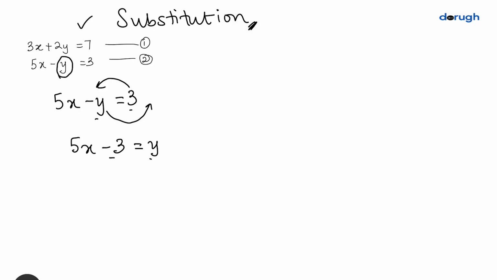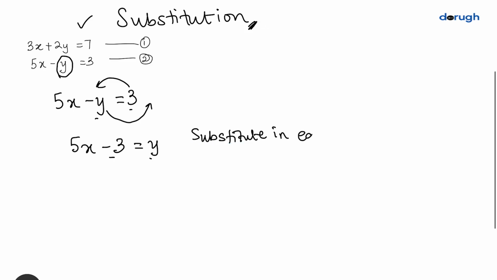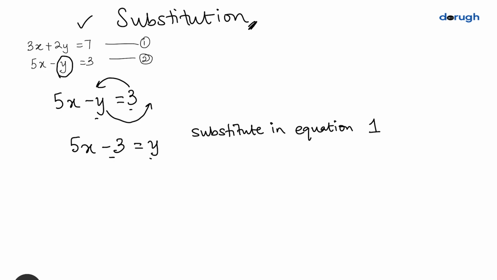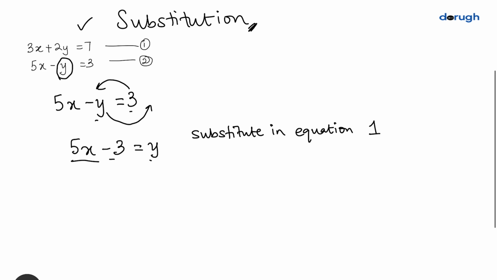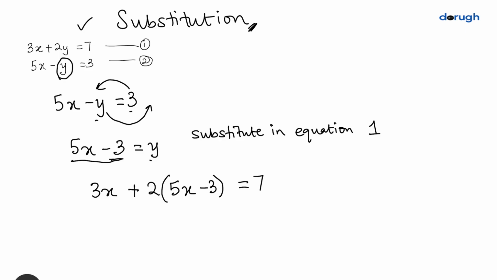So we have 5x minus 3 equals y, and we're now going to substitute it in equation 1. Wherever we see y in equation 1, we use 5x minus 3. That becomes 3x plus 2, in a bracket, 5x minus 3, equals 7.